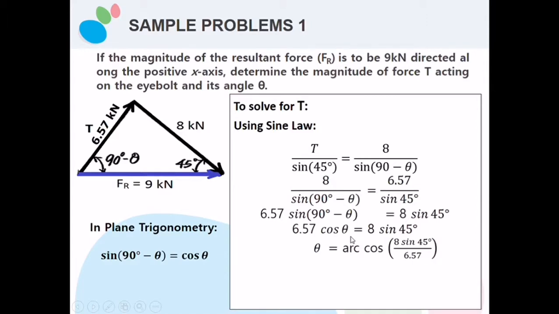So let us divide both sides by 6.57. So we have cosine theta equals 8 sine 45 degrees over 6.57. And then to solve for theta, we have cosine raised to negative 1, or arc cosine, of 8 sine 45 degrees over 6.57.